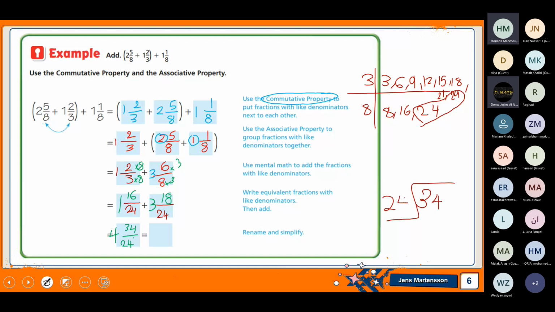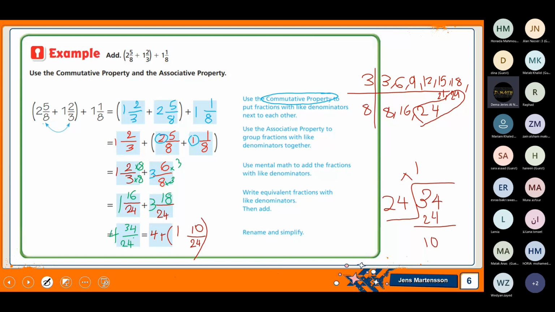We'll divide 34 by 24, and the remainder is 10. So 34 over 24 is 1 and 10 over 24.